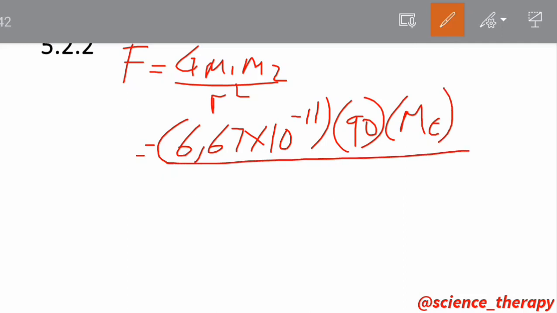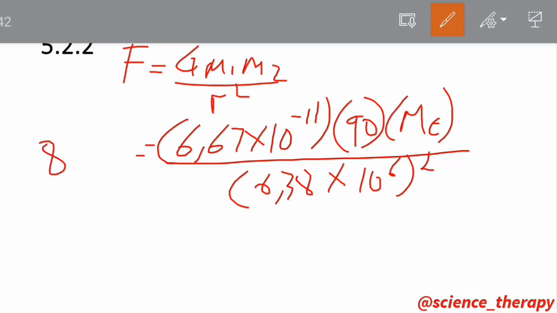And then we have the radius we are given, 6.38 times 10 to the power of 6, squared. You can see that it even corresponds to the radius of the Earth that we have on the data sheet, so we can almost see that we're probably going to get the same mass of the Earth that we have there.